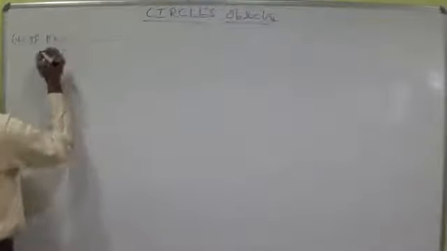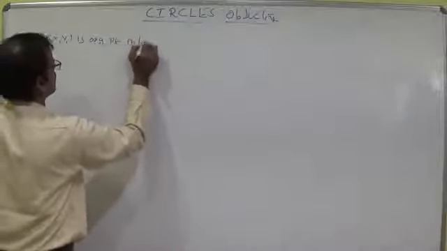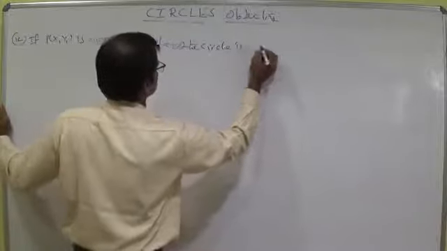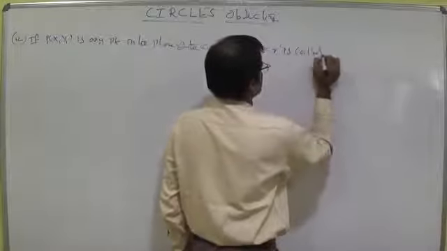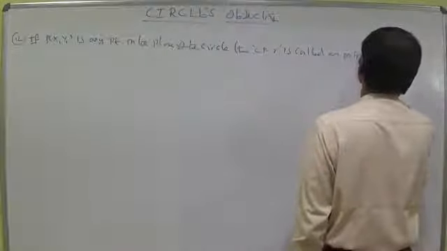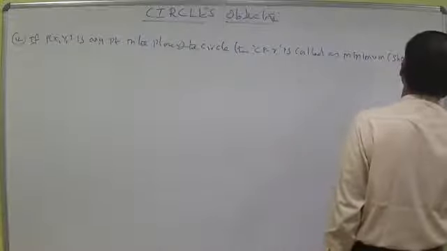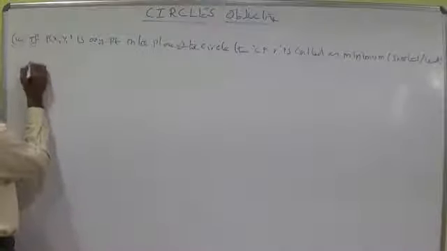Twelfth formula: if P(x1, y1) is any point in the plane of the circle, then CP minus R is called as minimum distance or shortest distance or least distance.